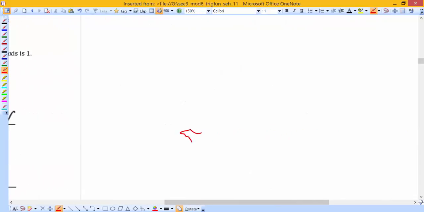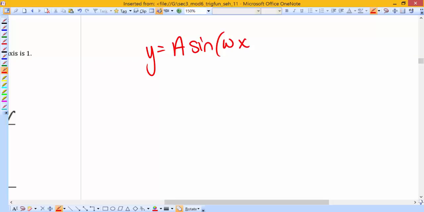In class, we will have gone over this already if you waited for the task to be done. So my basic sine equation is y equals A sine of omega x. A stands for the amplitude, and this tells us how high the graph goes.